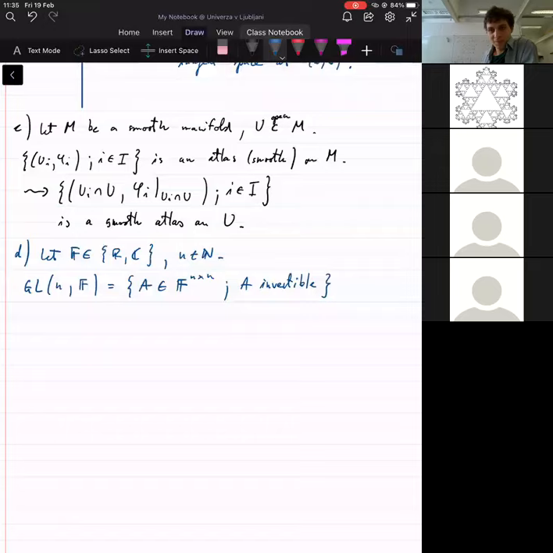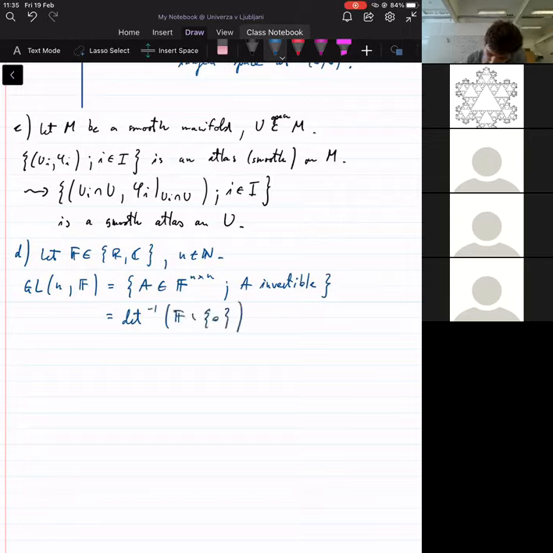Couldn't it be the identity, right? Yeah, well, the identity won't do it. The answer lies in the determinant map, but what do we do with it? Couldn't we just take the pre-image of the complement of zero? Exactly. So GL(n, F) is nothing else but the pre-image of F minus 0 under the determinant.